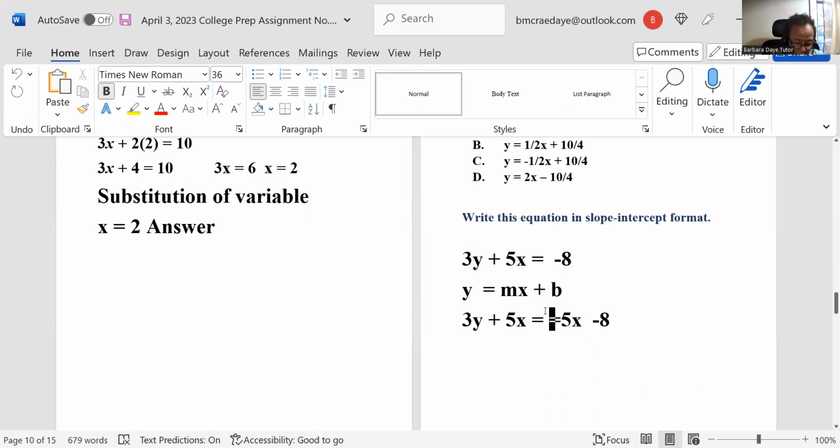And this is going to come out because you subtracted, so that's a 0. So after Audrey does her first step, it should look like this: 3y equal minus 5x minus 8.